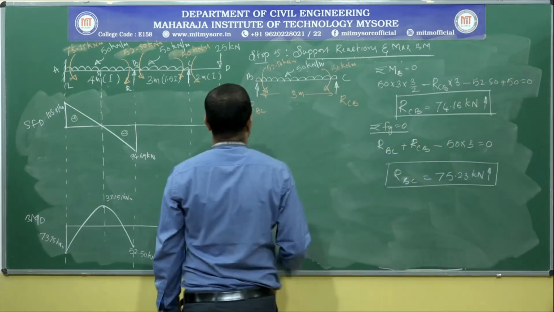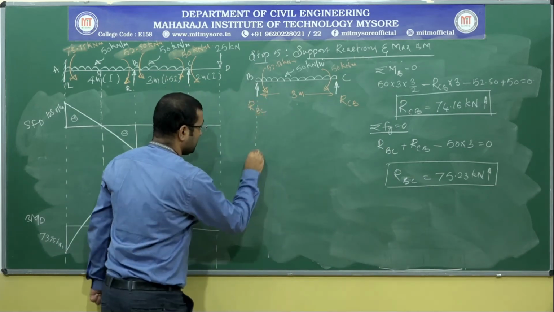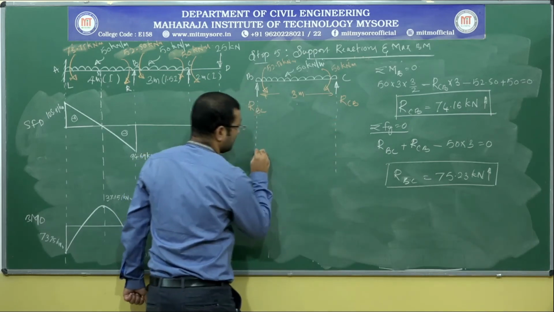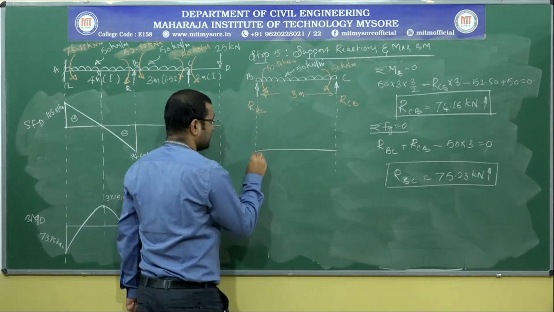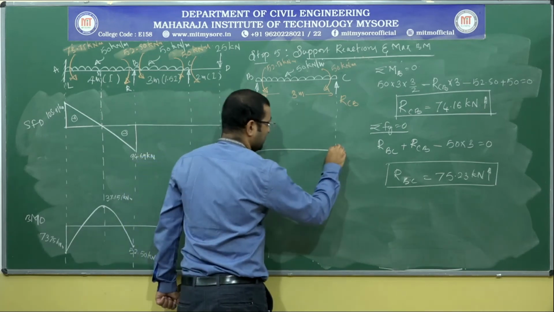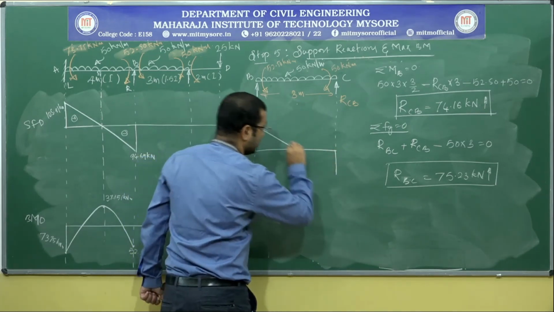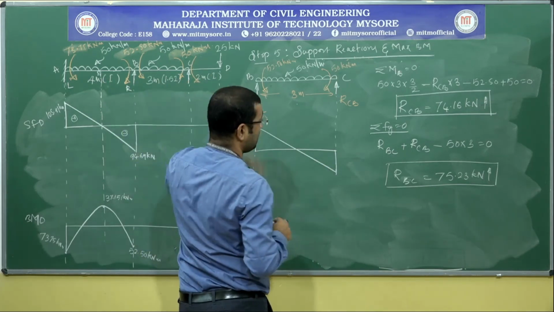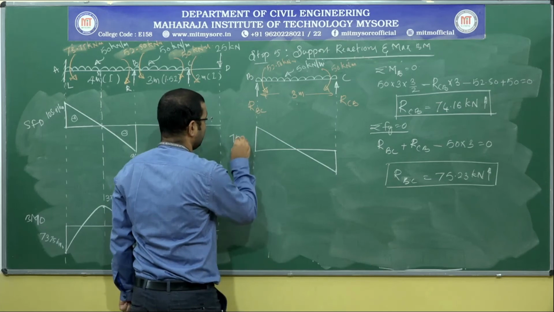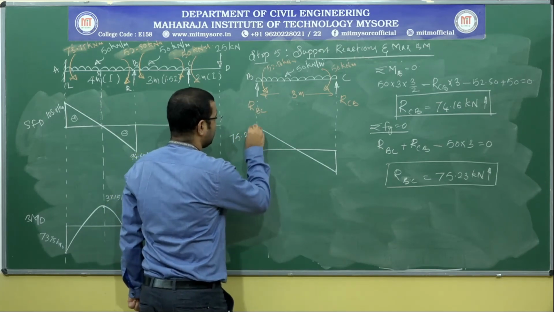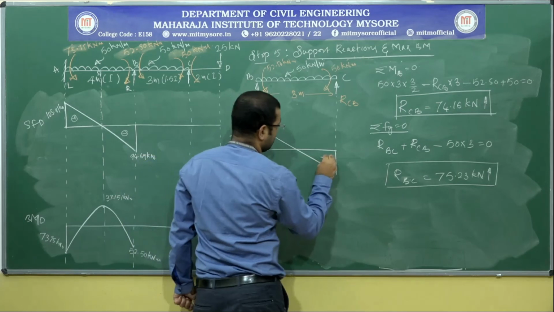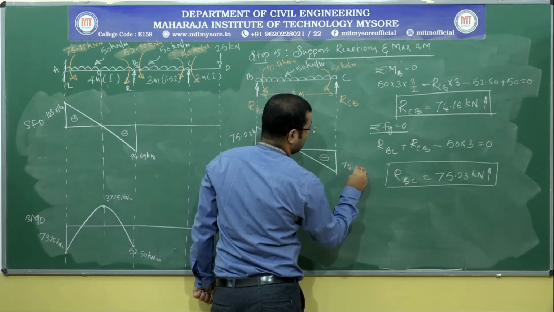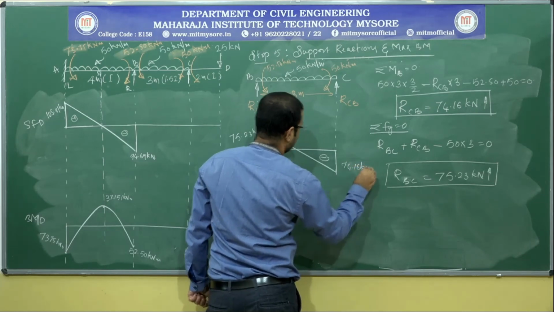To calculate the maximum bending moment, first we need to decide the position where the maximum bending moment will occur. It is exactly similar to the previous span what we have done, because there also we have the UDL and here also it is UDL. You can draw very easily 75.23 kilonewtons, positive shear force, negative shear force. This is about 74.16 kilonewton.